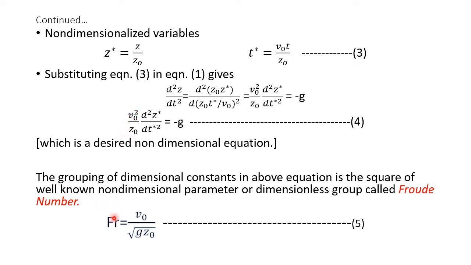This ratio we call the Froude number. At this point you just follow what I am saying; the whole concept will be understood when we go to the next level. As of now, just remember v naught by square root of g z naught is called the Froude number.